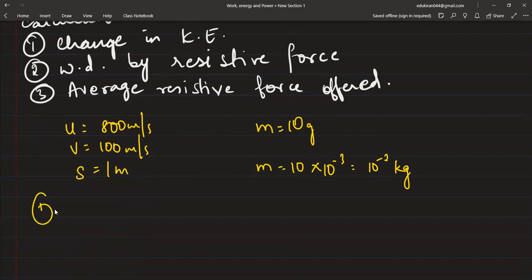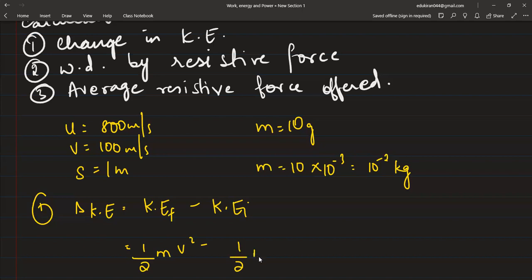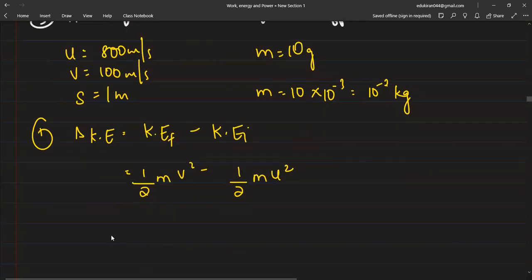Now, first part says change in kinetic energy. What is the change in kinetic energy, class? Final kinetic energy minus initial kinetic energy. So half mv square minus half mu square. So half m you can take common. This will be v square minus u square.